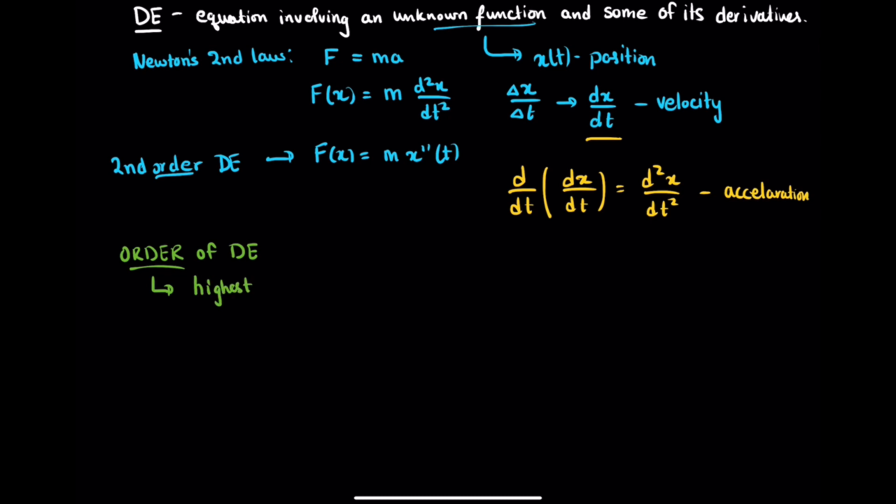The unknown function was x, and we know it's x double prime, so therefore it's a second order differential equation. So this is the highest derivative of the unknown function.